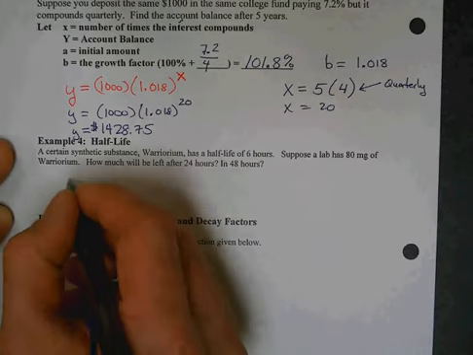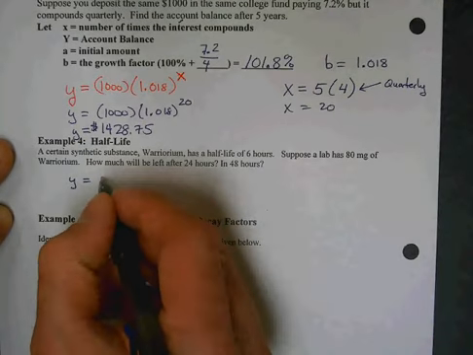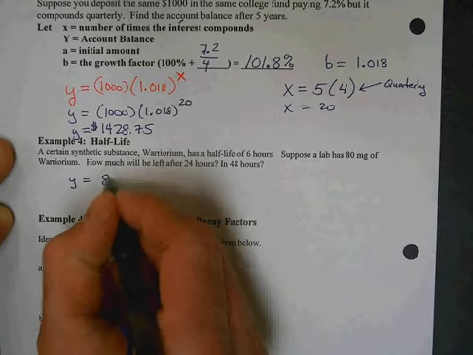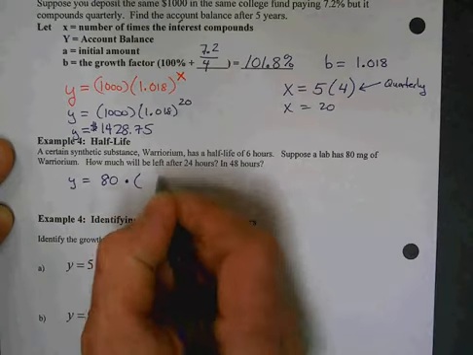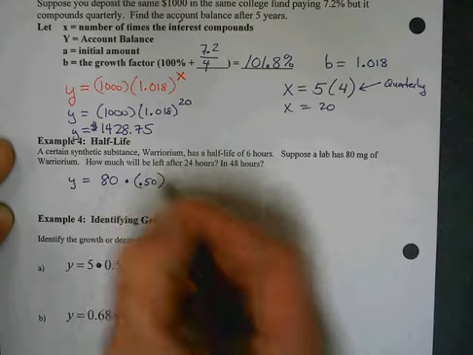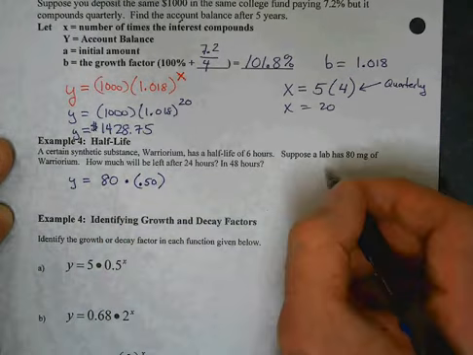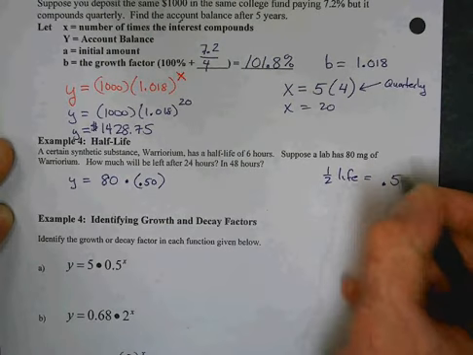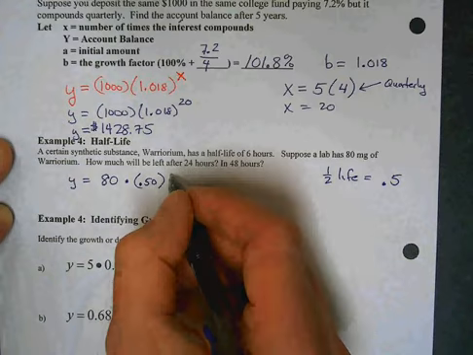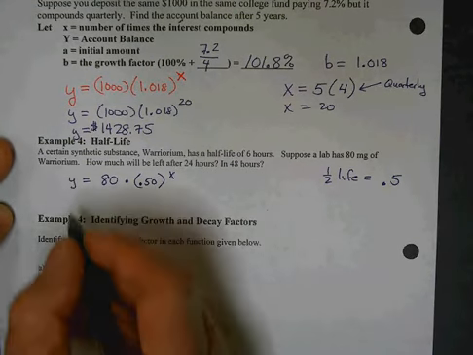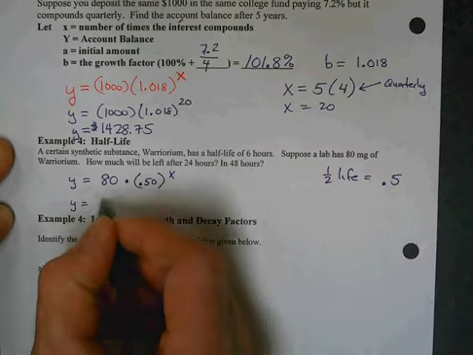Okay, so y equals. How much do we have to start with? 80 milligrams. What's my multiplier? 0.5 or 50%, because a half-life equals 0.5. And I'm raising it to the x. So what's my first scenario? 24 hours, right?